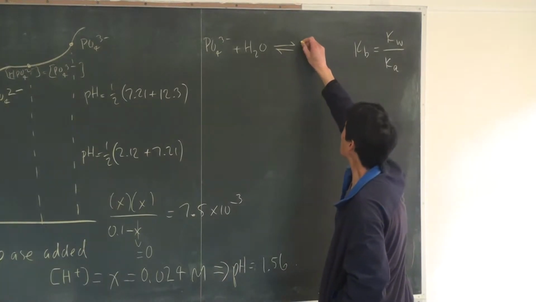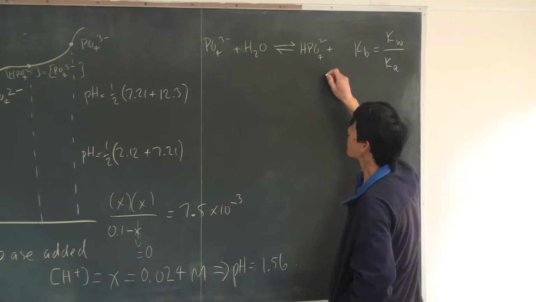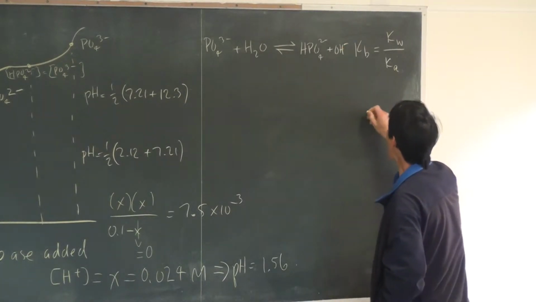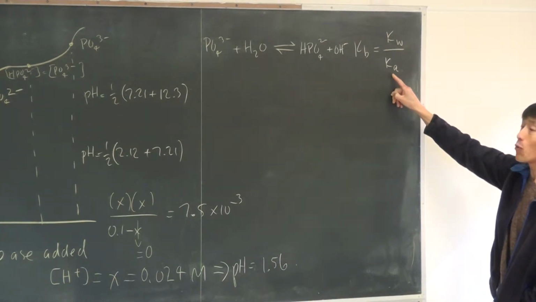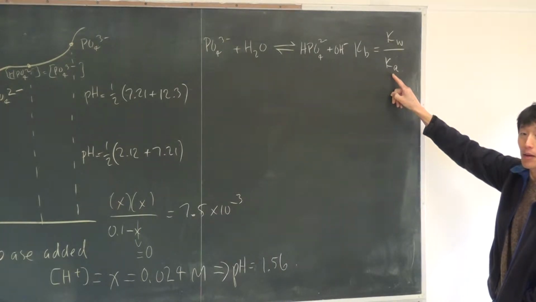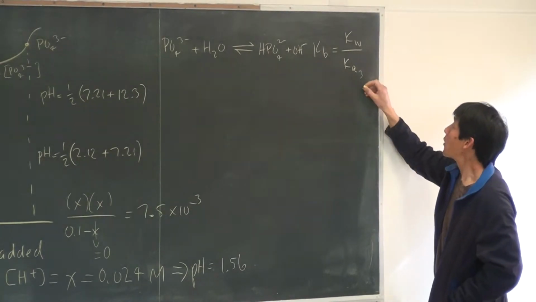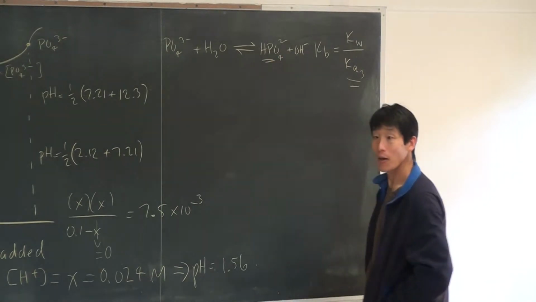Okay, so it's going to be HPO4 2 minus plus OH minus. Now for this, to calculate Kb, is this going to be Ka1, Ka2, or Ka3? Okay, Ka3. Okay, so this Ka refers to this acid here.